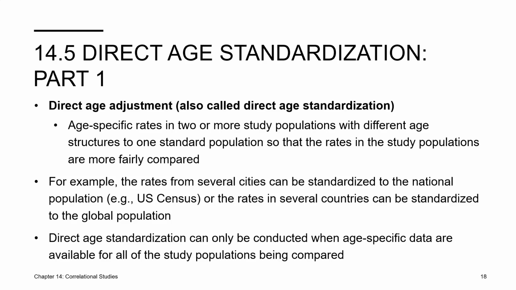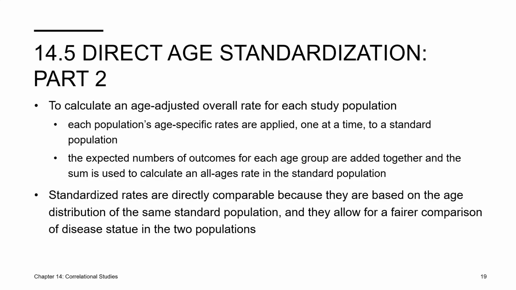A direct age standardization can only be conducted when age-specific data are available for all of the study populations being compared. So to calculate an age-adjusted overall rate for each study population, each population's age-specific rates are applied one at a time to a standard population.